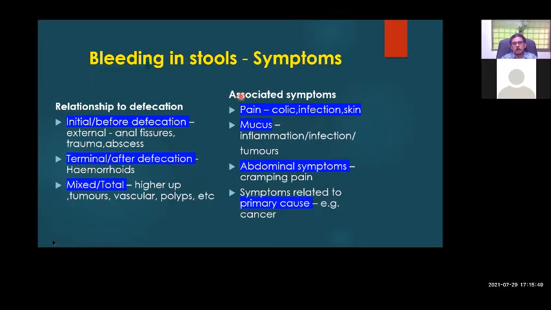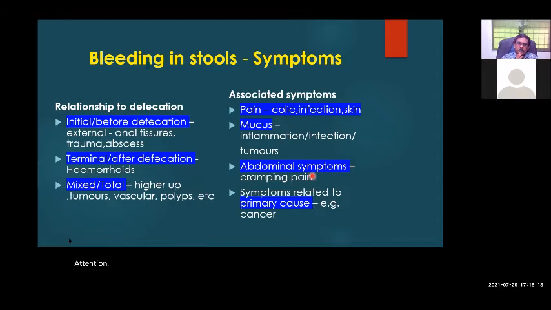Then you have to also look at the associated symptoms that come together with passing blood in the stools. Pain, which can be a common complaint, colicky pain due to infection or skin lesions. Mixed with mucus, especially in inflammatory conditions, infection and tumors.